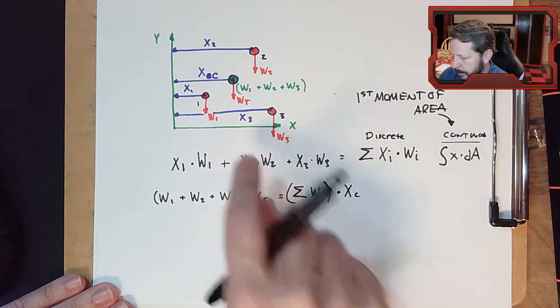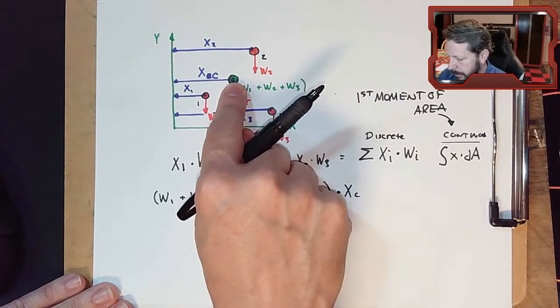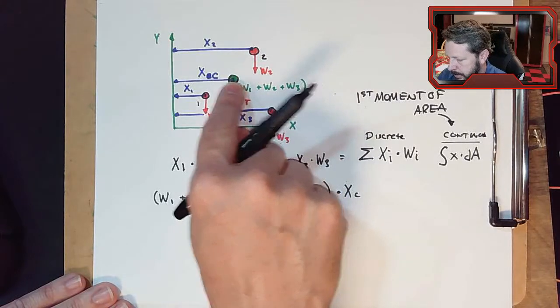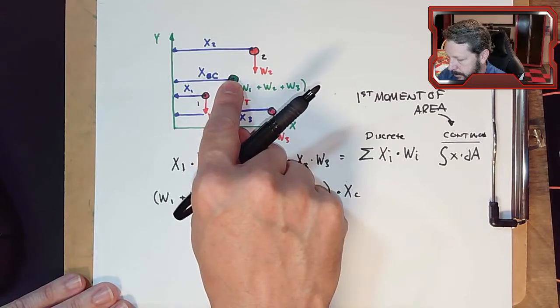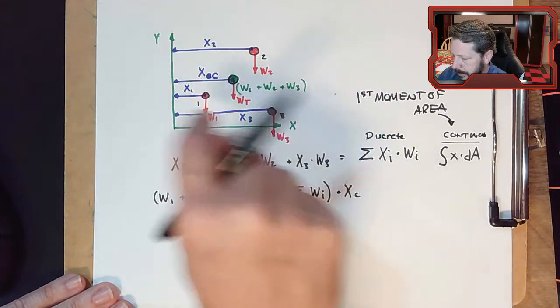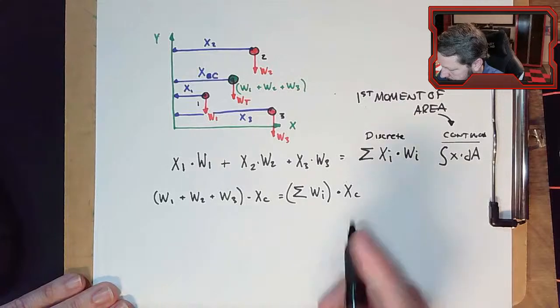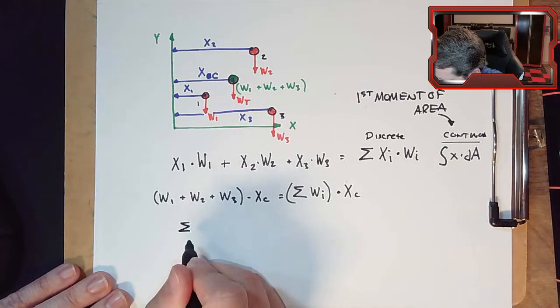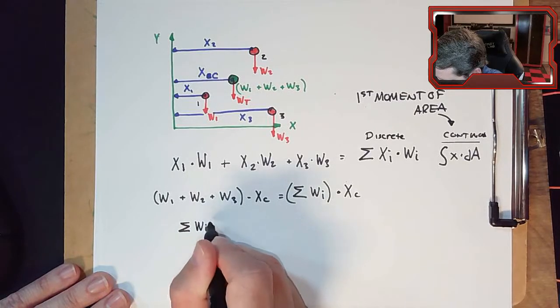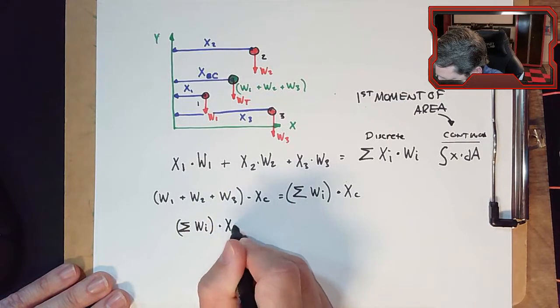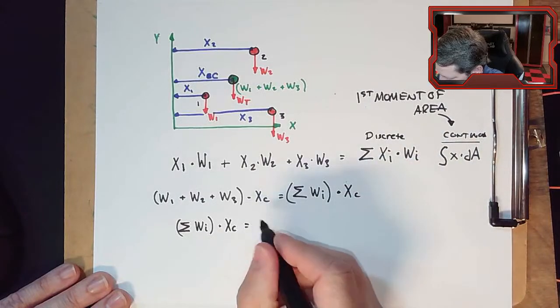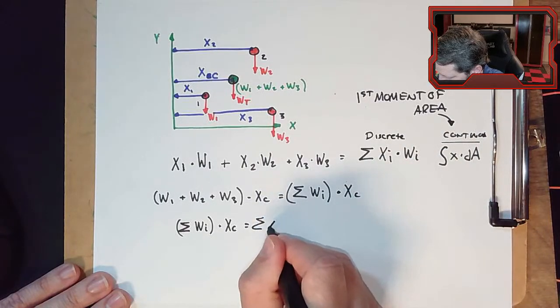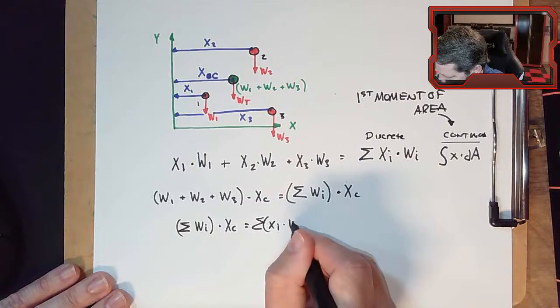So I either want to be able to think about the single green dot that's the total weight at some unknown centroid distance, or each individual dot wherever they may be. So I'm going to set those equal to each other, and I get summation of Wi times XC equals this term, summation of Xi times Wi.